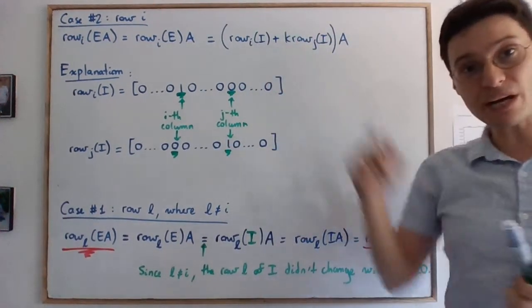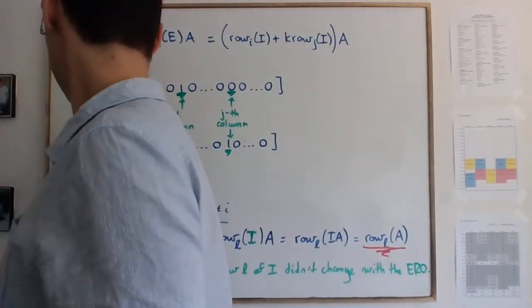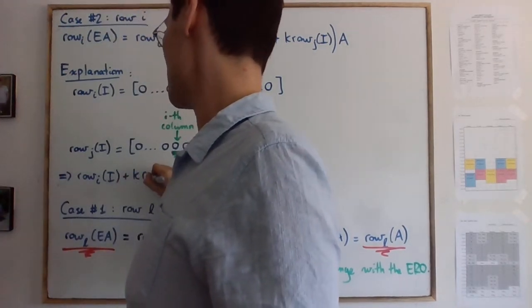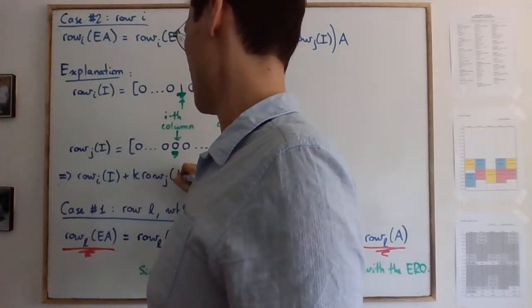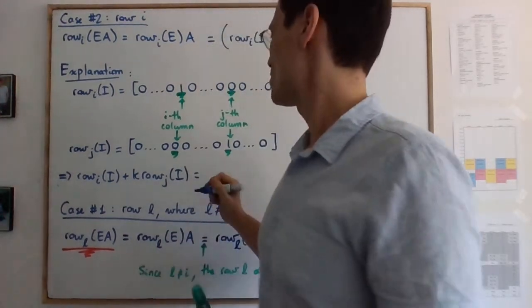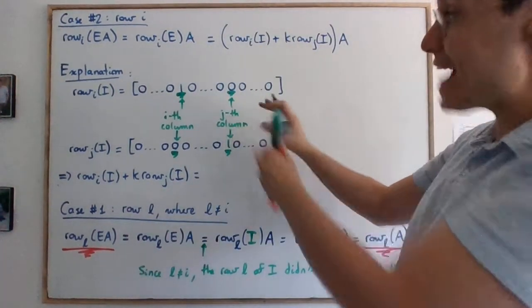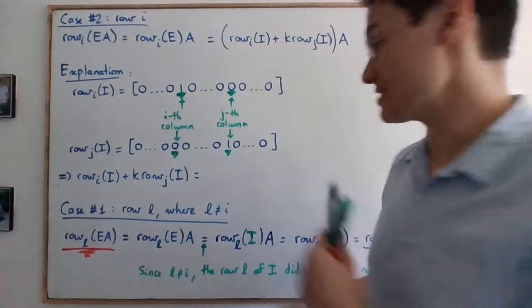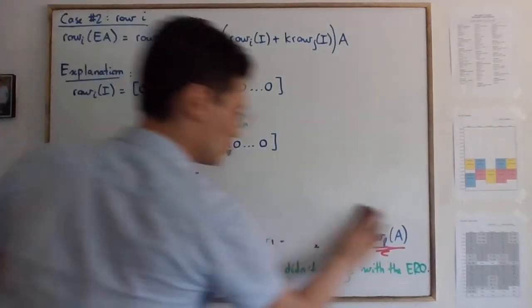So what happens if we compute this? Row i of I plus k times row j of I. We're going to add these two things together. I'm going to do it vertically so that you can see very clearly.